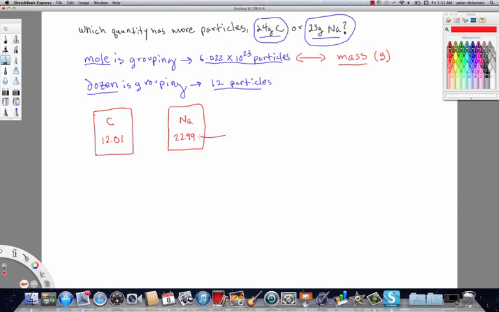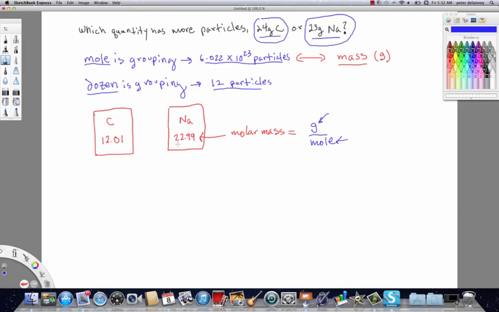These masses represent what we call molar mass. And molar mass has the units of grams per mole. That's mass per grouping.